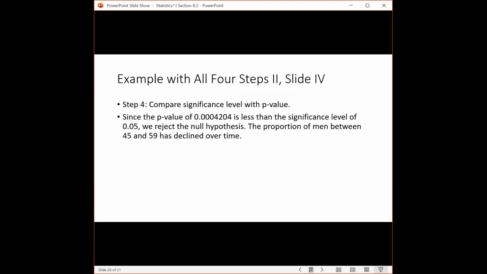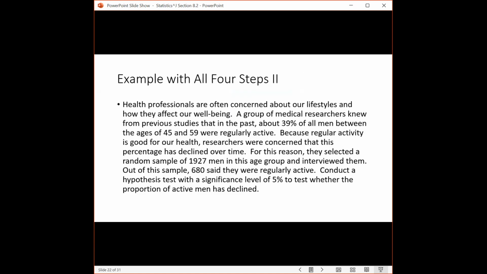And then the fourth step is to figure out what we are going to do about the test itself. Since the p-value is less than the significance level, that suggests that we reject the null hypothesis, again the same outcome as last time. What did we assume? We assumed that 39% of all men were active. Then we did a study to check whether the 680 out of 1,927 men is close to 39%.